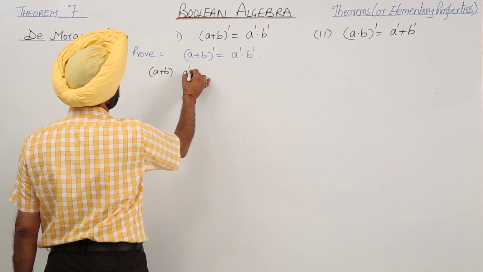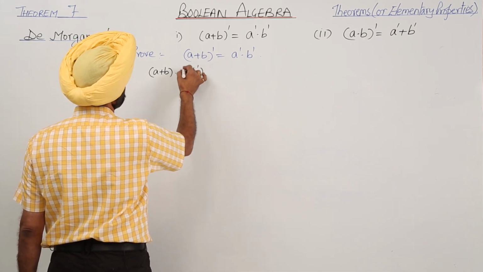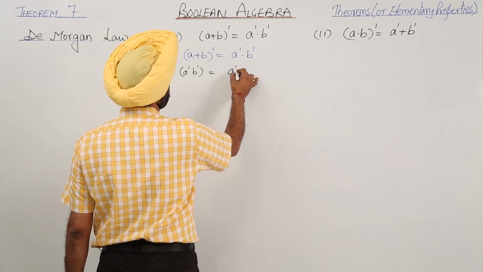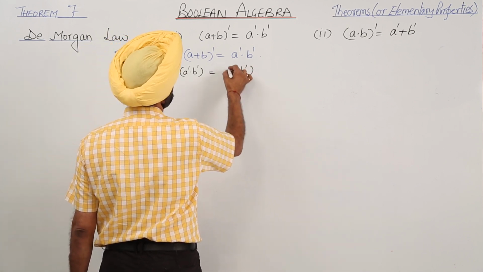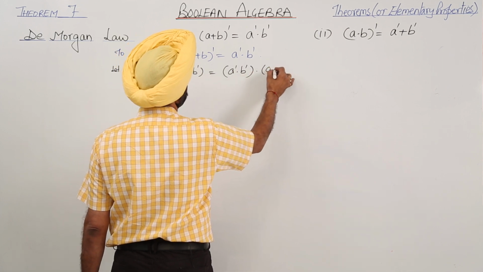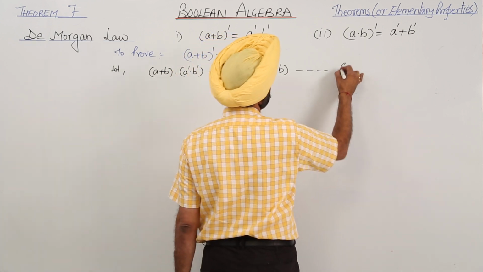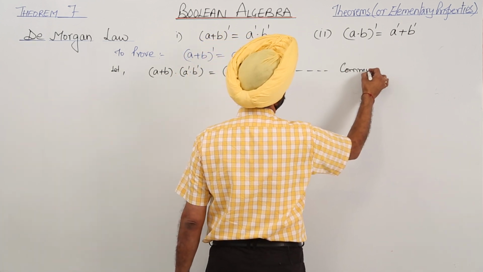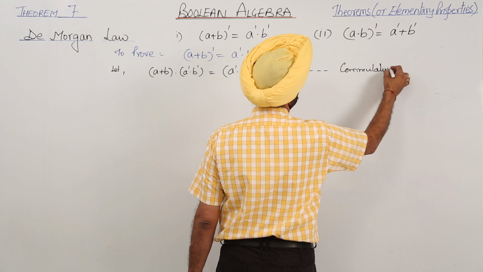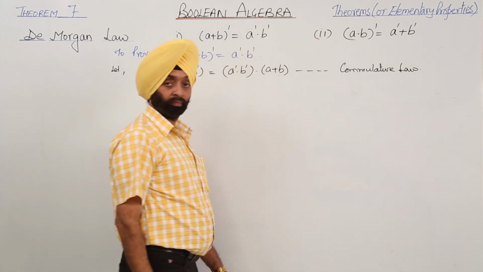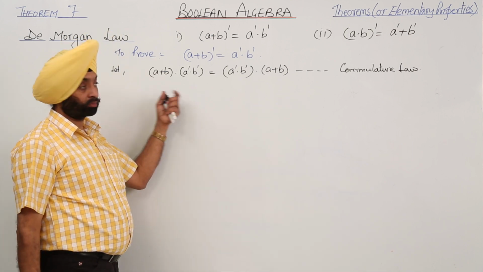dot A inverse dot B inverse is equal to A inverse dot B inverse dot A plus B. This is what? Commutative law. First thing, we have just supposed this one.